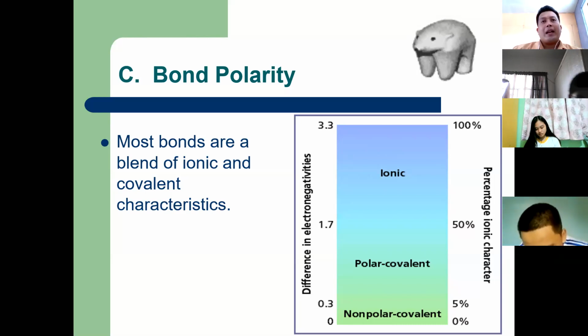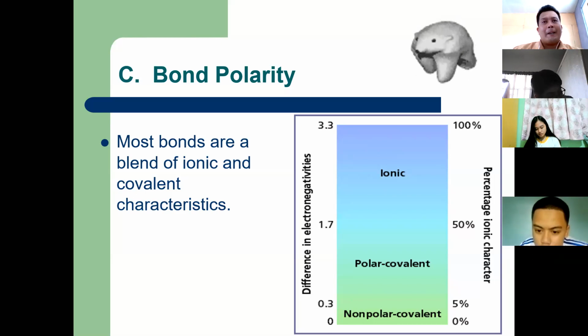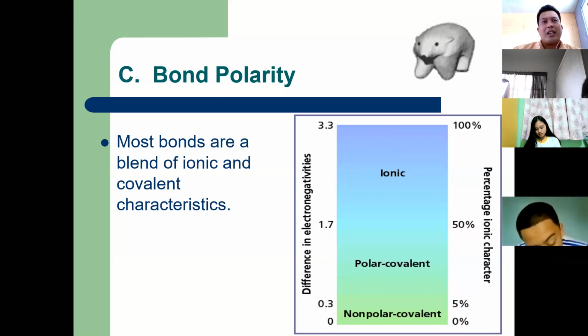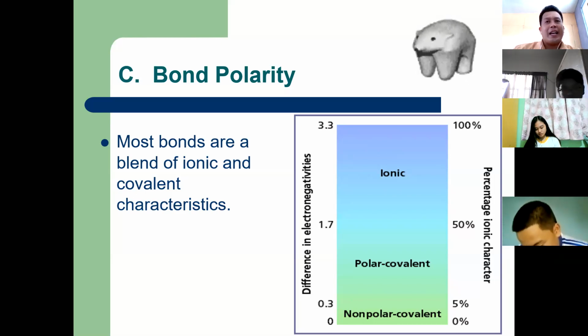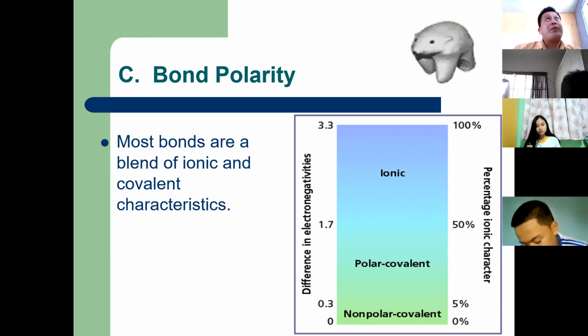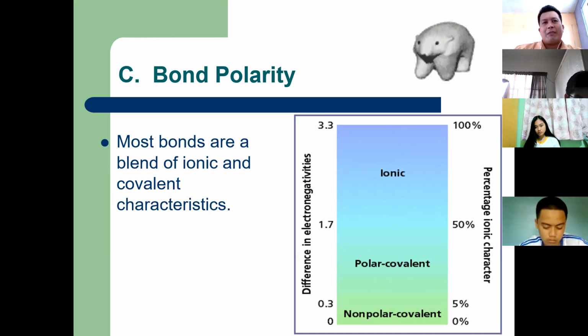For it to become ionic under covalent bond, the electronegativity difference is greater than 2. For it to be nonpolar, it should be less than 0.5. Between 0.5 and 2, that is polar covalent.